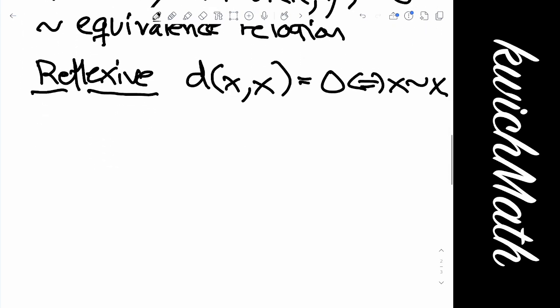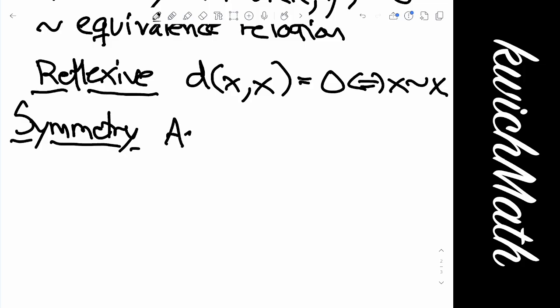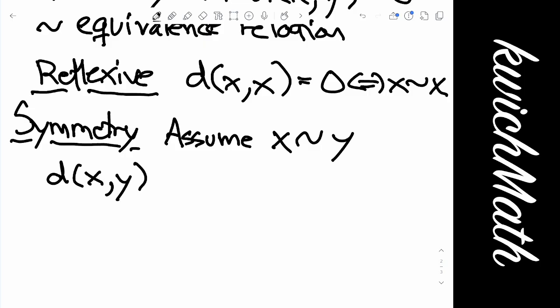Then we must have symmetry. So that means if x is related to y, then y is related to x. So let's assume that x is related to y. What does that mean? That means that the distance from x to y is equal to 0, right?